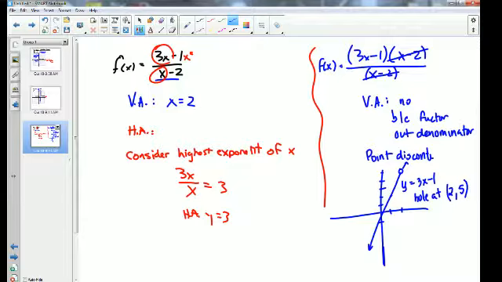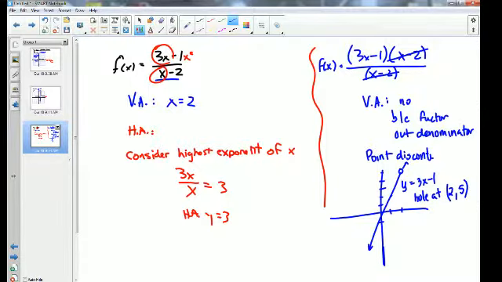To find that point discontinuity, you find the x value that makes the denominator 0. But if that value makes the top 0 as well, that's when you only have a point discontinuity.